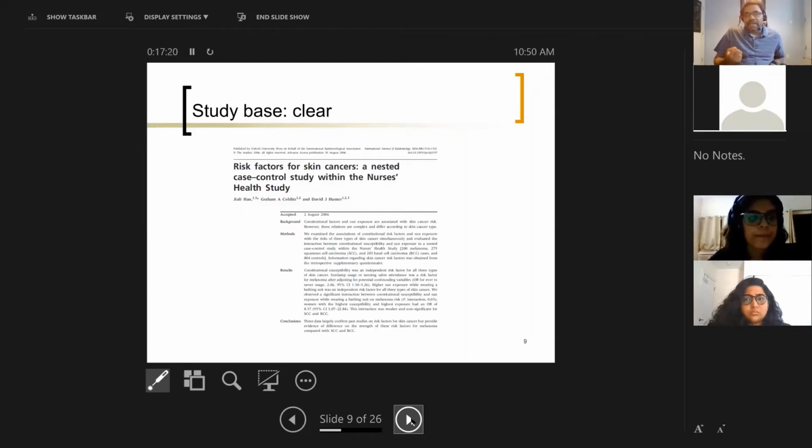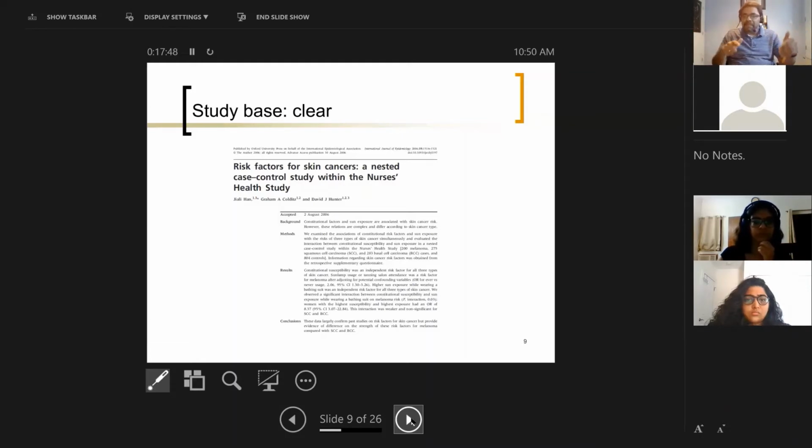Take a look at the study, risk factors for skin cancer, a nested case control study within the Nurses Health Study. The Nurses Health Study is a massive cohort study still happening among United States registered nurses. They enrolled a large number of nurses in America, and they've been following them up for decades, right? It's an already well-established cohort study of thousands and thousands of nurses in America, right?